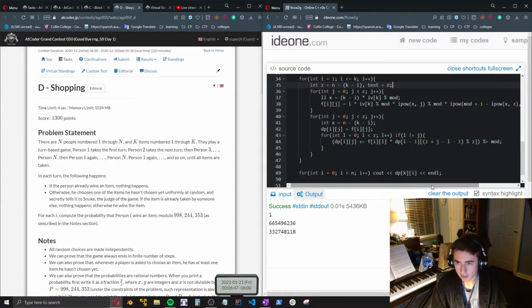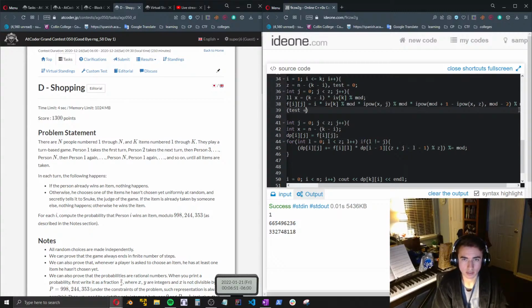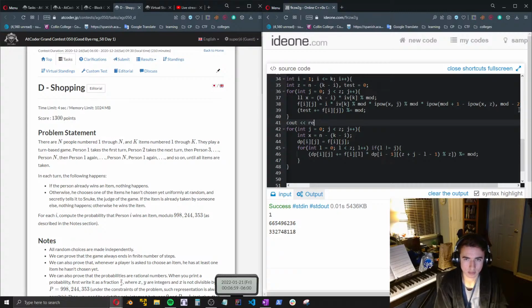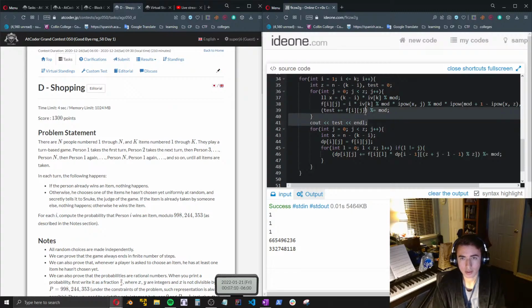I need to make sure that the sum of f of ij equals 1. Otherwise, I'm calculating incorrectly. Okay, that looks good.